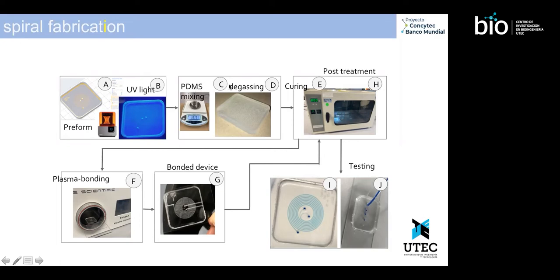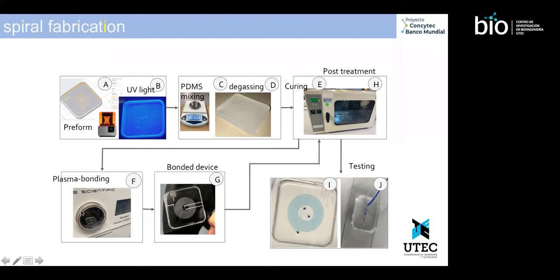It's a two-component material which you mix together with a curing agent, and then you degas it, because when you mix things together you have bubbles in it, especially when it's very viscous, so you have to get the bubbles out. Then you pour it into the mold, and you cure it by heating it up to 80 degrees for 20-30 minutes.